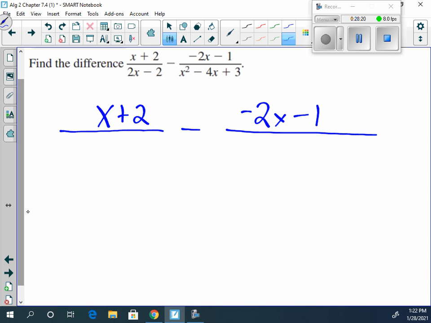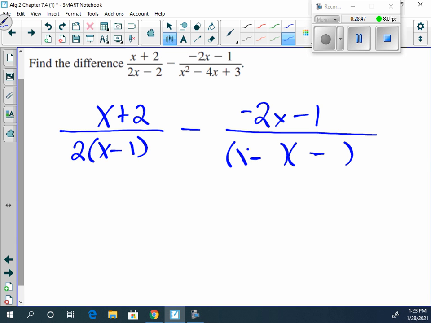Now the denominators, because they're different, 2x minus 2, we can do what? We can factor out a 2, which would leave us with an x minus 1. Because the 3 is positive, the signs are the same, and they match the sign in the middle term, so they're both going to be negative.